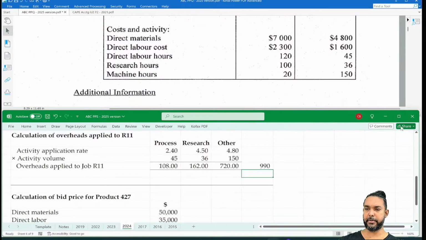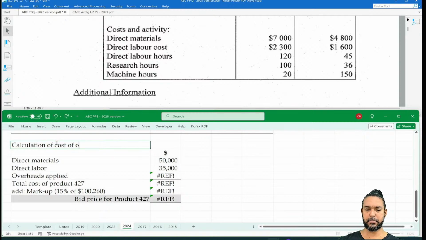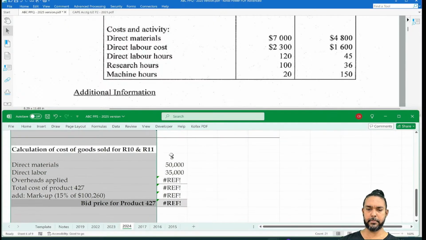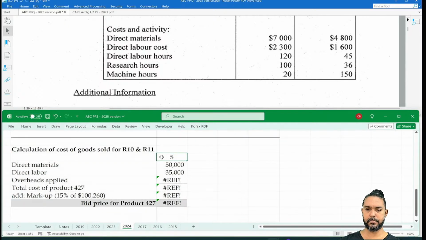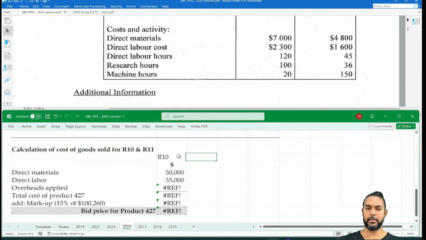All right, so what I'm going to do is the calculation of cost of goods sold for R10 and R11. Okay, cool. So R10, R11.